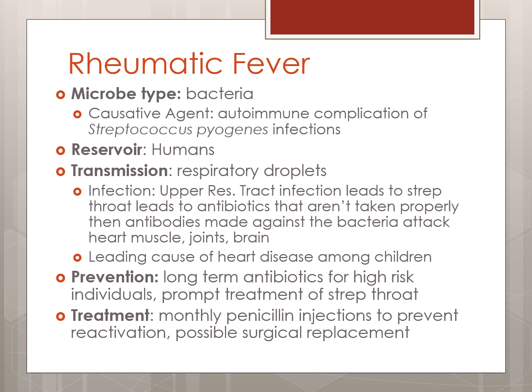So the reservoir is humans, the transmission is respiratory droplets, and specifically what happens is we have this infection of potentially maybe strep throat, which we'll be talking about in the next chapter for the next unit, so stay tuned. When you have strep throat, which is usually caused by this bacteria, what you are given to treat the bacteria is antibiotics.